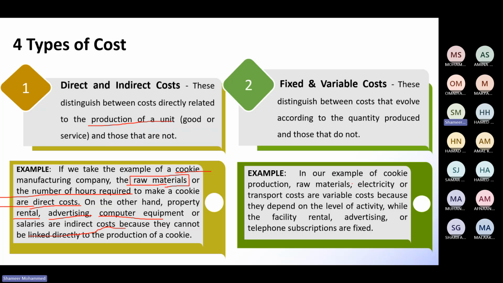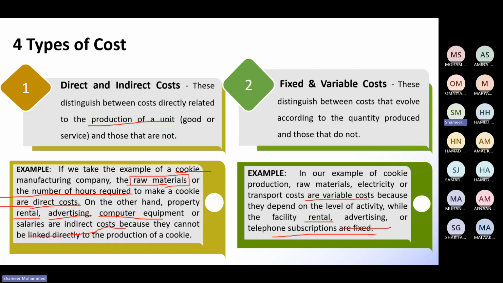So in our example of a cookie here, production, raw material, electricity or transport are variable. That is, they keep on changing. They depend on the level of activity, while rent is fixed. Every month you pay the rent of your shop. Every month you pay the advertisement fees for your business. Every month you pay the telephone bill, a fixed bill.